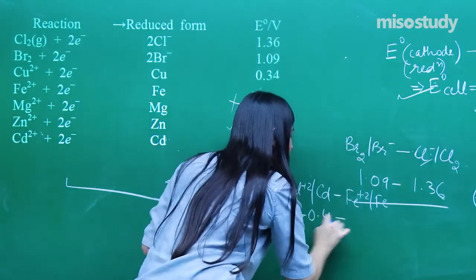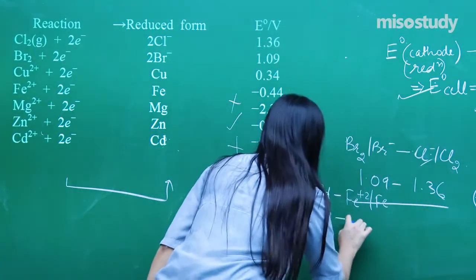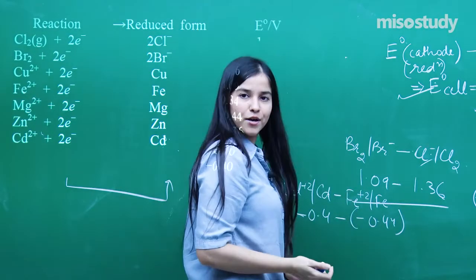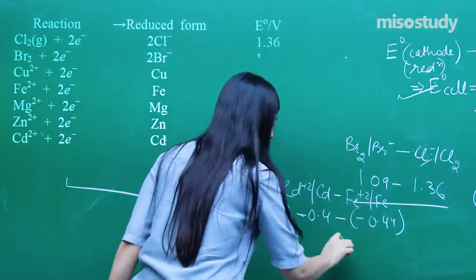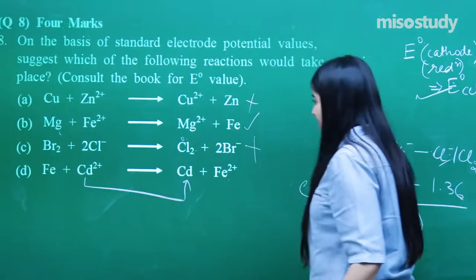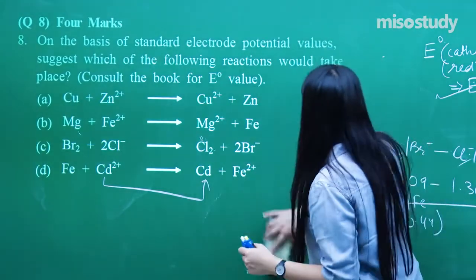Minus 0.4 minus of Fe, it's minus of 0.44, right? So how much is it coming out to be? It's coming out to be positive, right? And thereby this process is feasible. Clear? That is how you are going to find out.